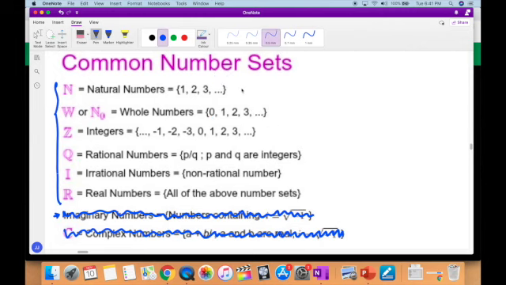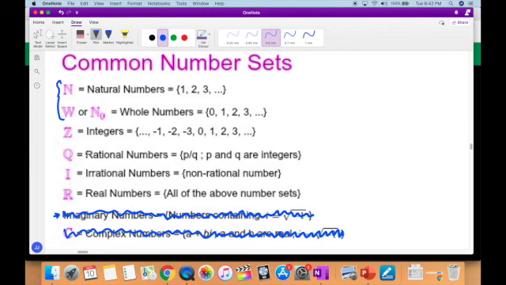So let me ask you something. I have two sets here. One set is natural numbers, the other set is whole numbers. Which one of these is the bigger set? I have whole numbers as one of my answers. Anybody else? Why whole numbers?